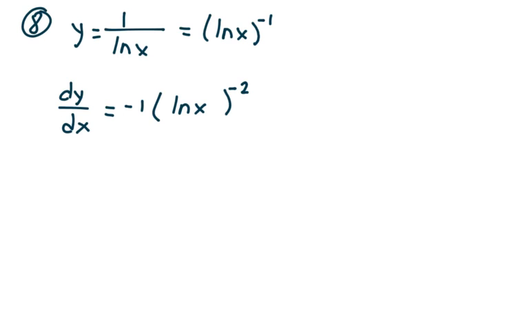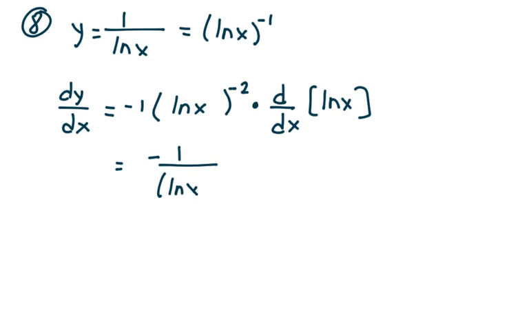So essentially, I'm taking the derivative of x to the negative 1, but I'm going to evaluate it at natural log of x. So it's a power rule. And then I'm going to multiply by the derivative of the inside function. But the inside function is the natural log of x. So I'm multiplying by the derivative of natural log of x with respect to x. And so this is negative 1 over natural log of x to the second times 1 over x.